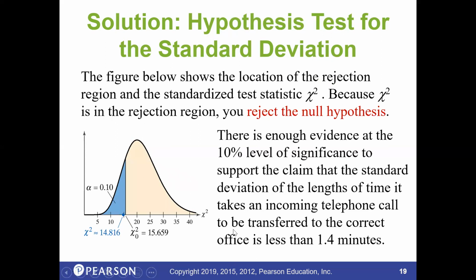So what does that mean? It means that there is enough evidence at the 10% level to support the claim. So we reject the null hypothesis.